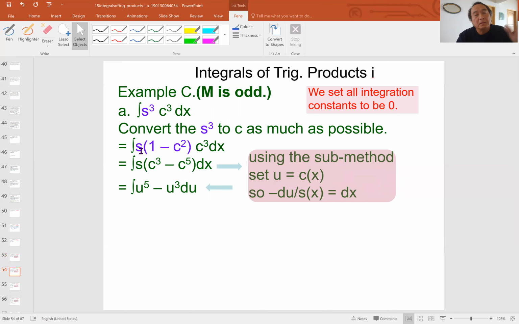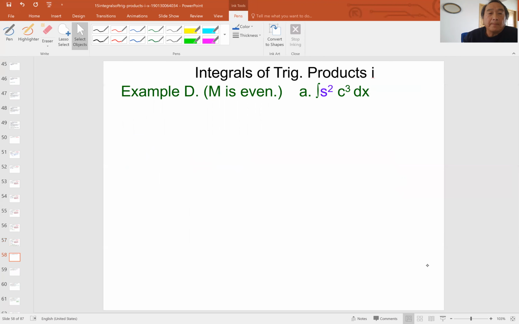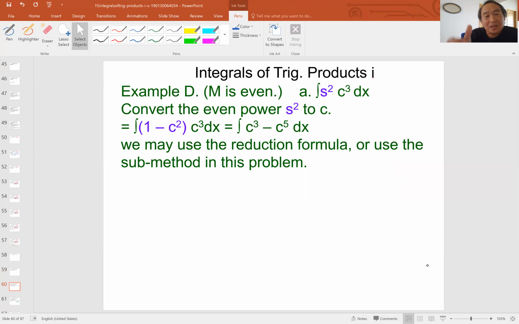And then everything goes through. Another way to do this, if it's an even power of sine squared, is to convert this into a cosine problem completely, because even powers of sine can be converted into cosine completely. In this case, it's (1 minus sine squared) and cosine squared, and then you multiply it out. It's a polynomial in cosine.